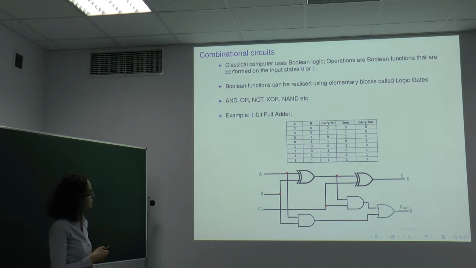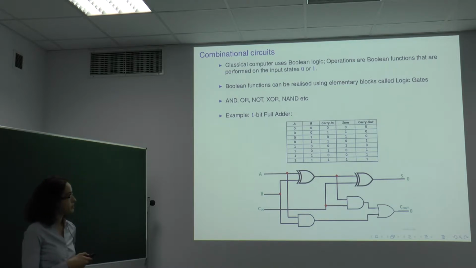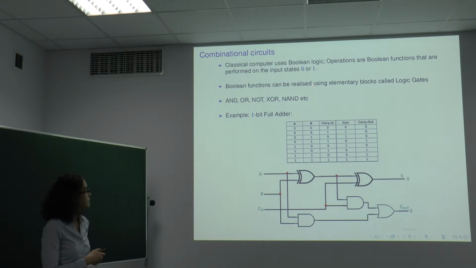Every such function can be expressed as a sequence of elementary blocks called logic gates. The most famous examples of logic gates are AND, OR, XOR, NAND gates acting on 2 bits, or NOT, which is an example of a 1-bit gate. And from these logic gates, one can build an arbitrary Boolean operation.